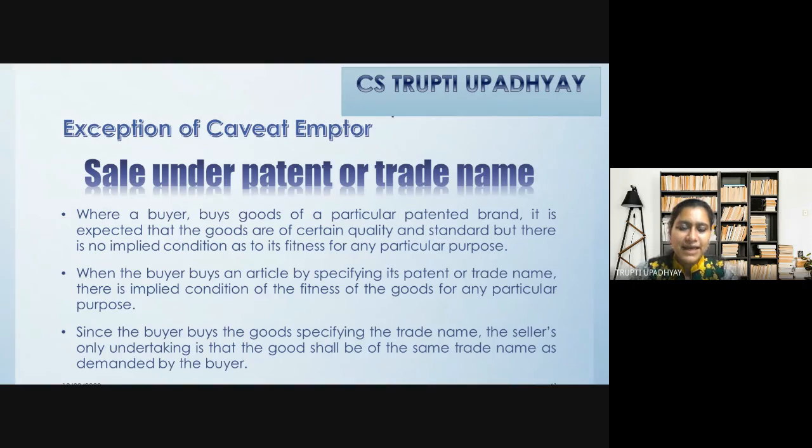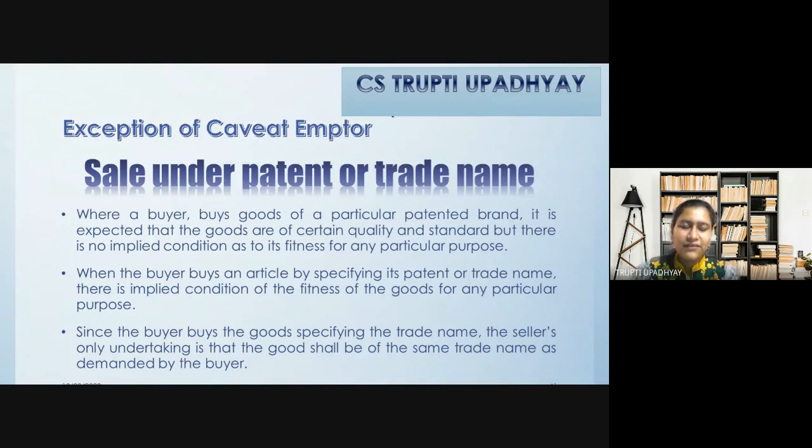But the buyer's purpose for which he wants to use those goods may be different, right? The purpose for which he wants to buy those goods, and the standard and quality which the company has, may not match many times. So the buyer needs to be careful about it, and needs to find out whether those goods will be fit for his purpose or not.